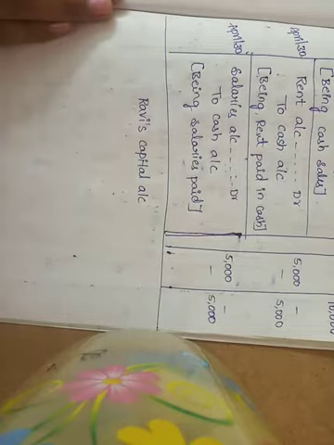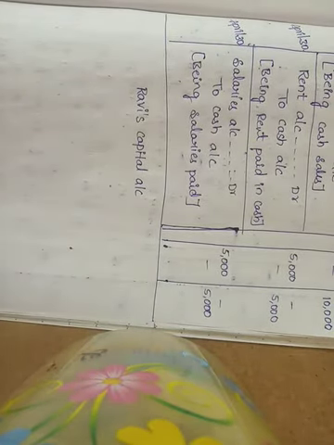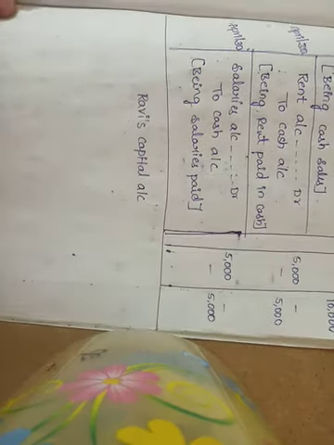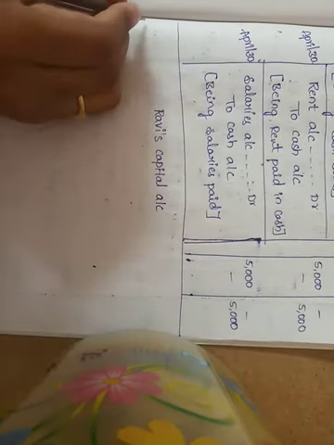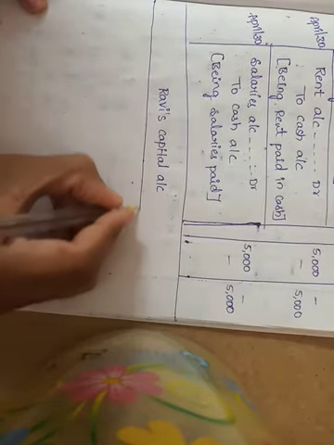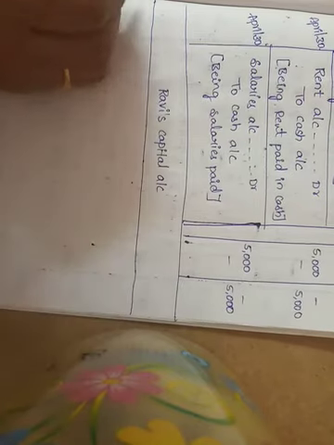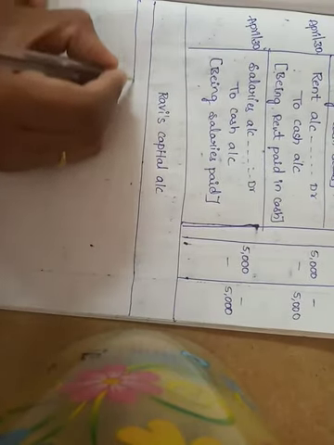The ledger account contains 8 columns. Generally the account is in the form of a T shape.